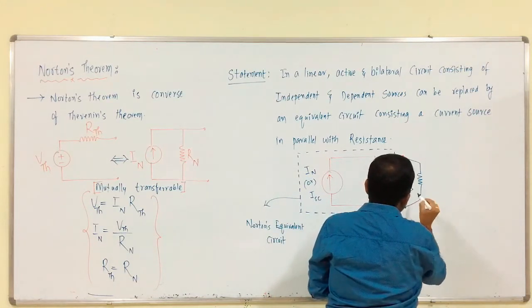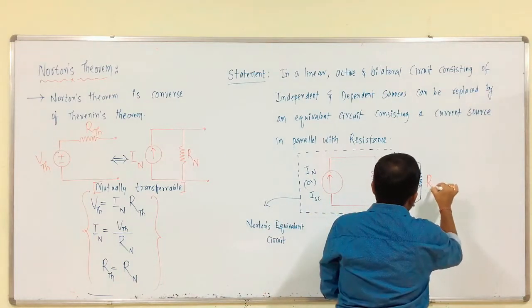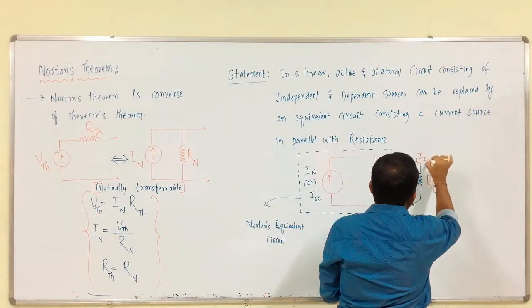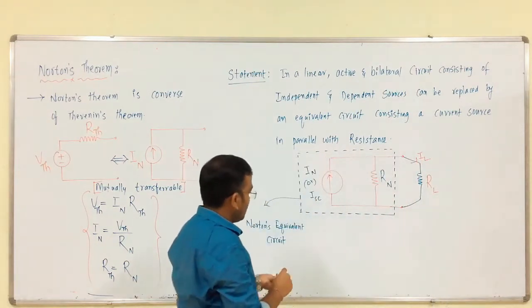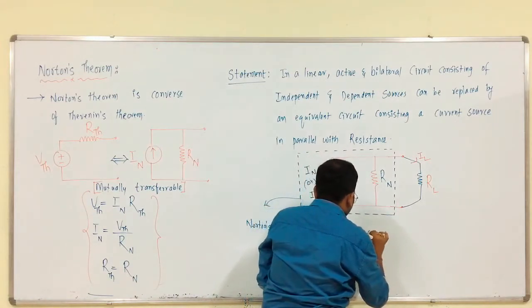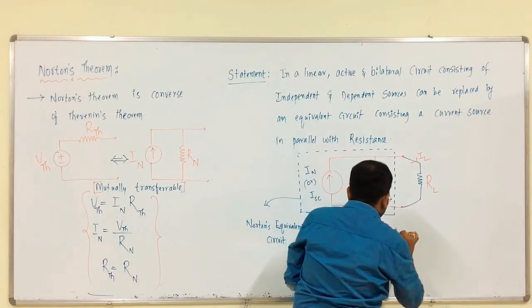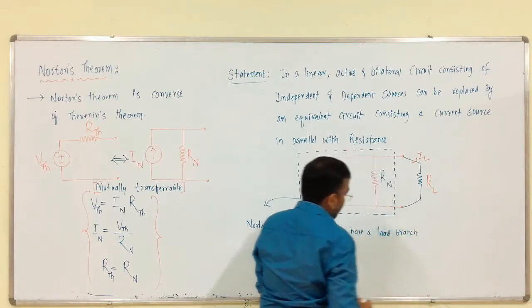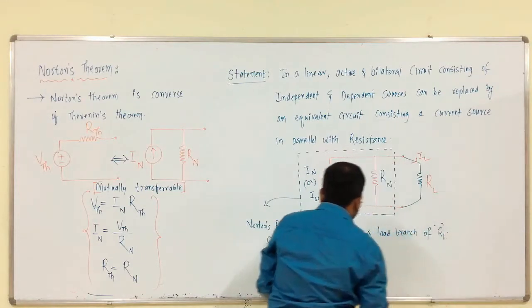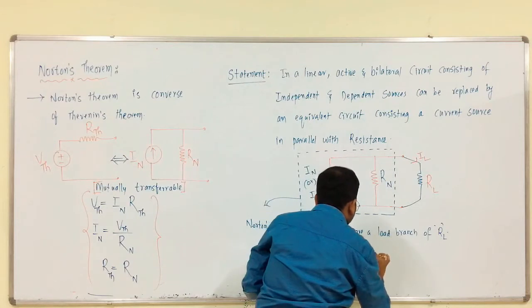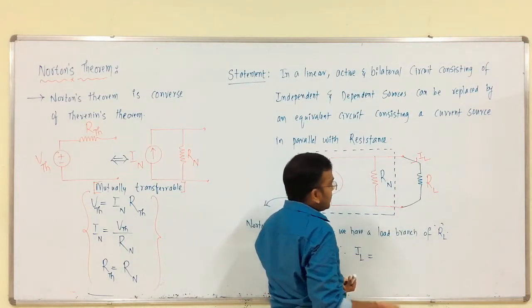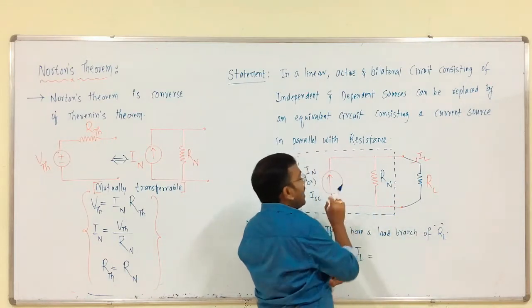Suppose if we have a load branch, then this is R L, all right. Then the current through this load is nothing but I L, right. So we have to get the current through this branch, means you have to apply current division principle.